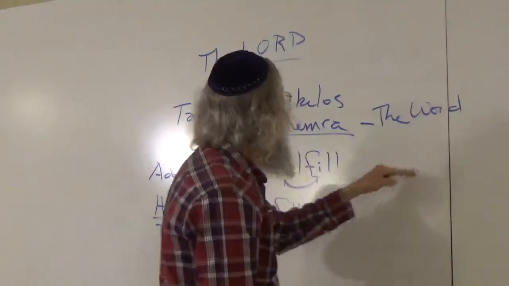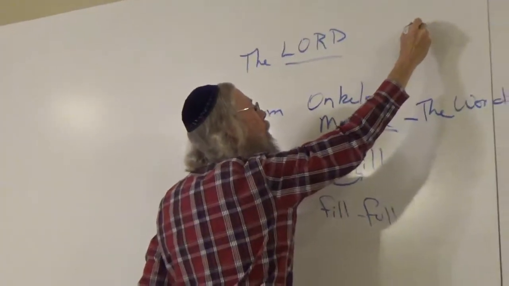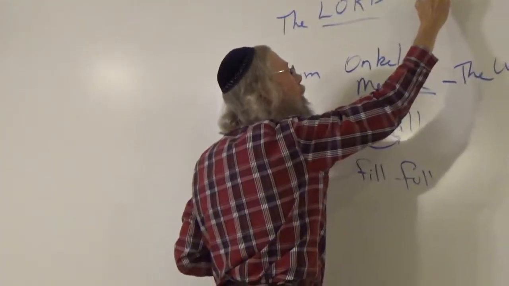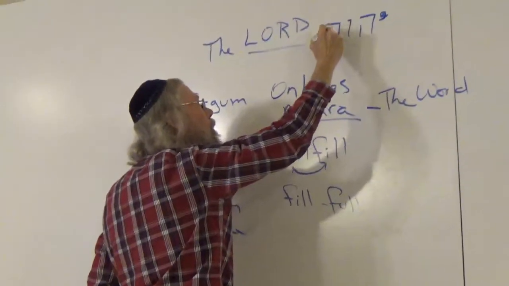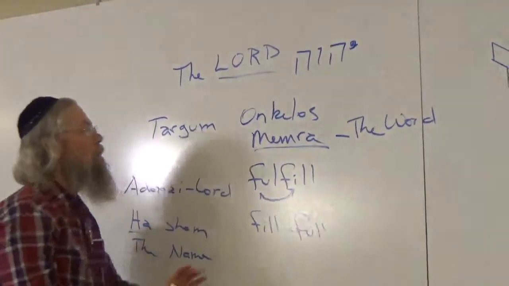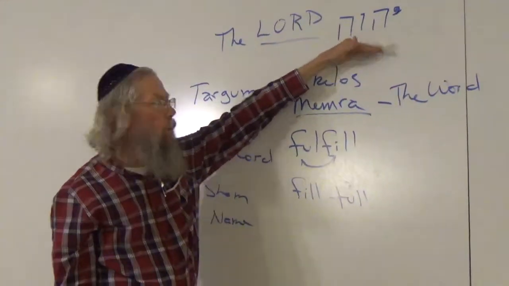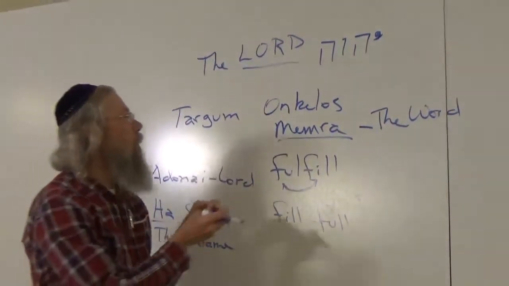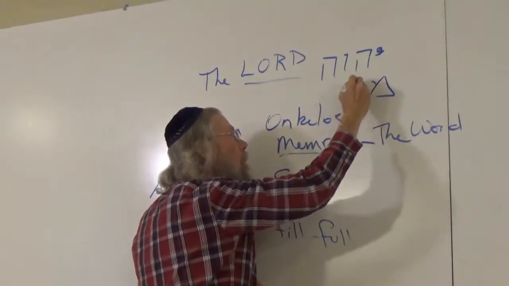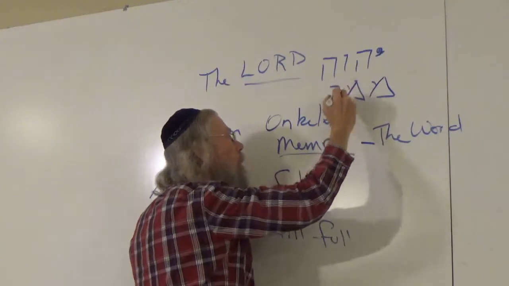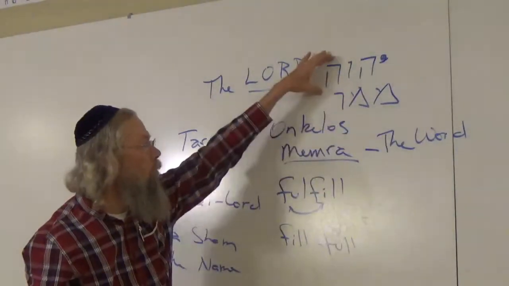What is Memra? It is a cover word. Memra is the cover word for the name. So where in the Hebrew this would appear, he would put Memra instead. He would use this to cover for this.